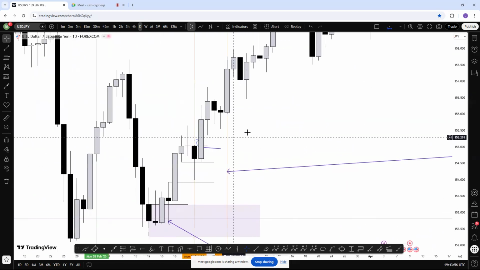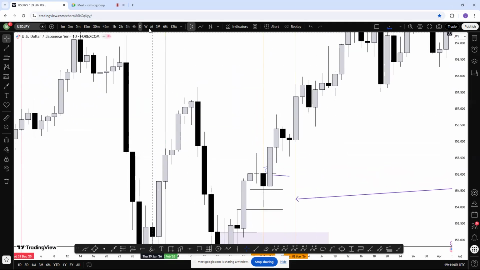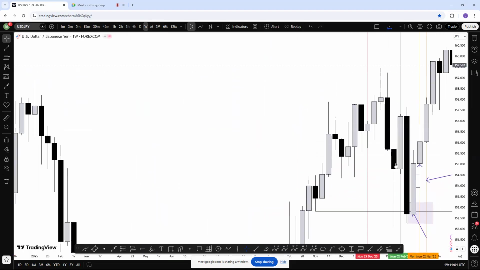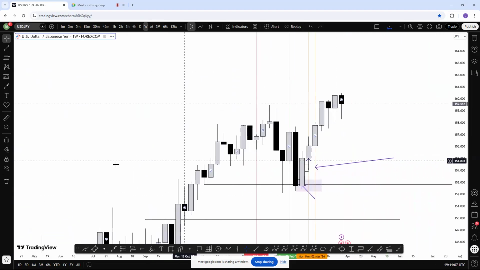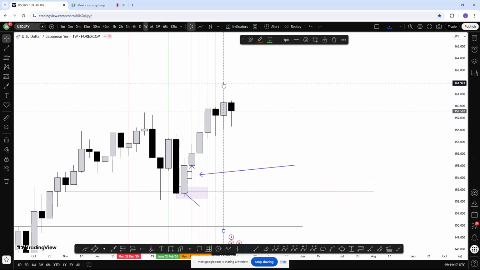So this weekly candle, let me see where it ends so that we know where it stops, to see if there is an opportunity. So I will put another line here. All of these lines show the beginning and the end of the weekly candle on our time frame.